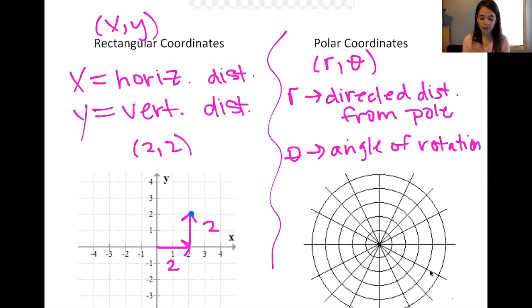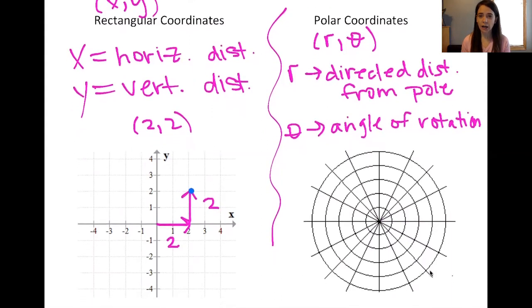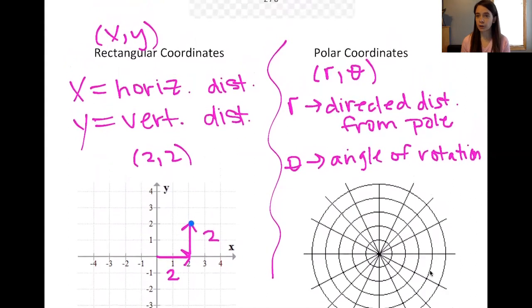That's what theta is going to represent. Before I show you how to plot a coordinate, I do want you to think about this. The x, y coordinate, those variables are in alphabetical order, x, comma, y. r, comma, theta is also in alphabetical order, r, and then theta starts with a t. So that may help you remember which one comes first.